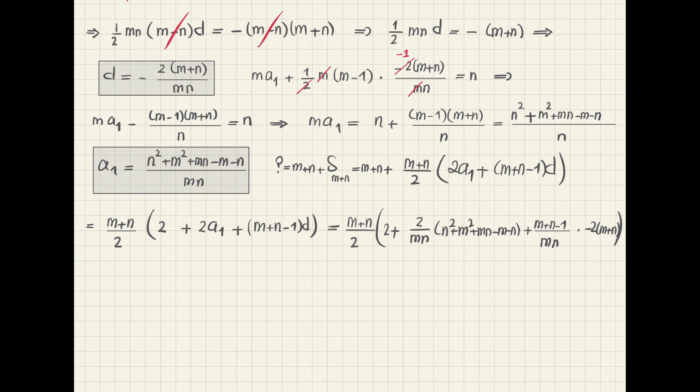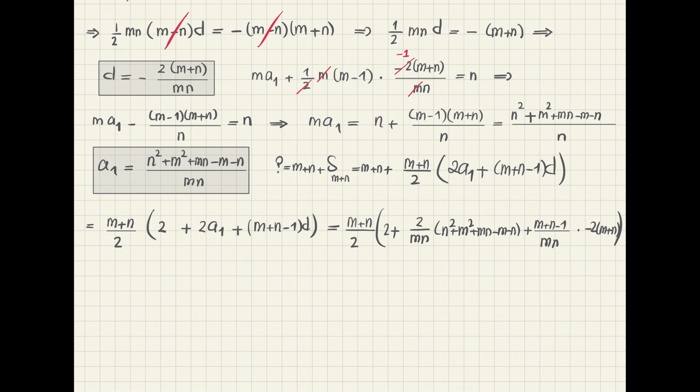So what I have done here, you see this 2 is this 2. In a1 I have a denominator m over n, I have written it here, and then I have the whole expression in the numerator. And when it comes to the next one, m plus n minus 1 is exactly this expression, and I have chosen to put m over n in the denominator of this, and then I have repeated this part here.